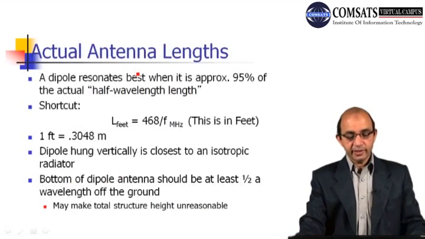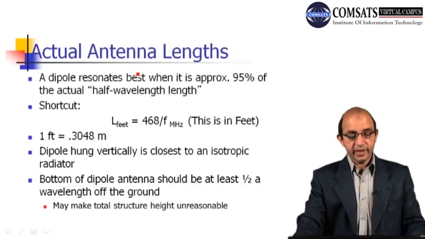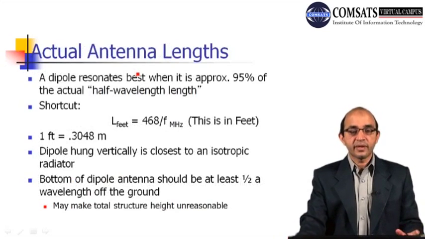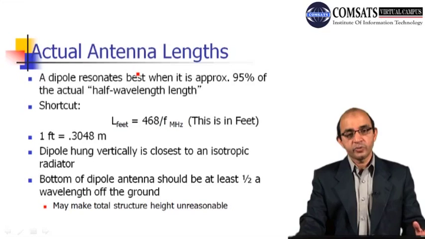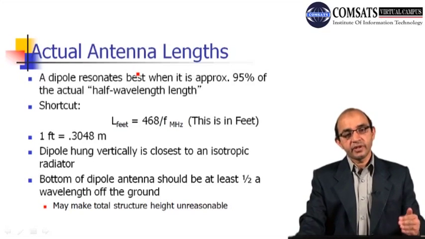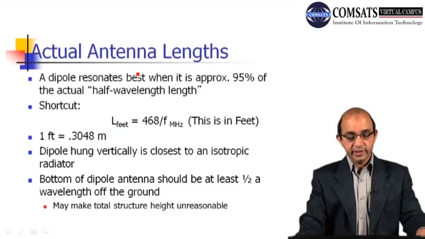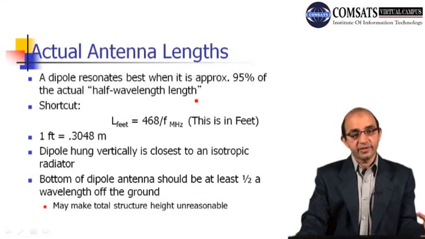So what should be the actual length of the antenna? As we know, the antenna has to radiate energy into the atmosphere, and it has to receive energy from the atmosphere. In both cases resonance is very important. A dipole resonates best when it is approximately 95% of the actual half wavelength. So there is a relationship between the resonance and the wavelength, right?